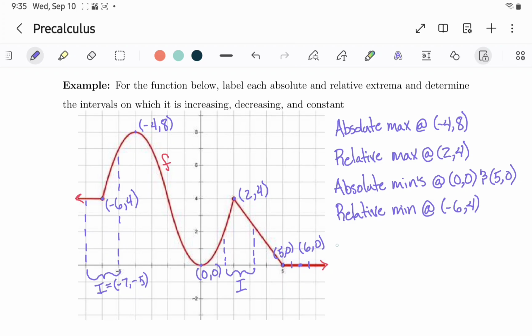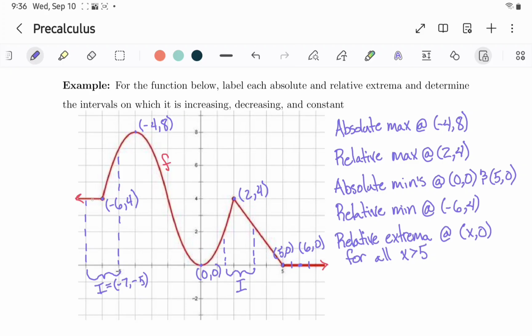So we technically have relative extrema at x, 0 for all x greater than 5.